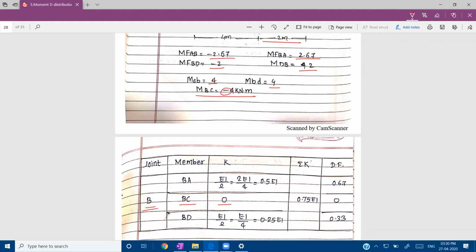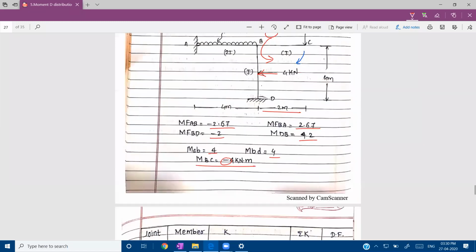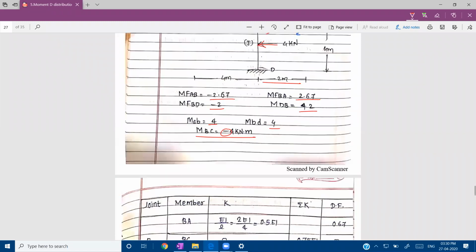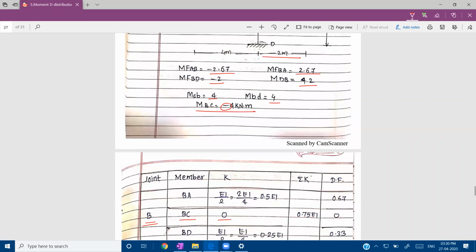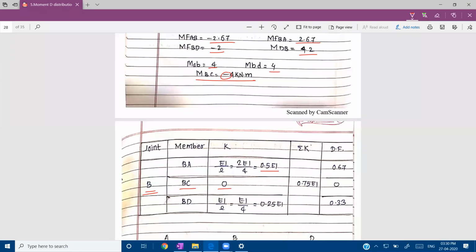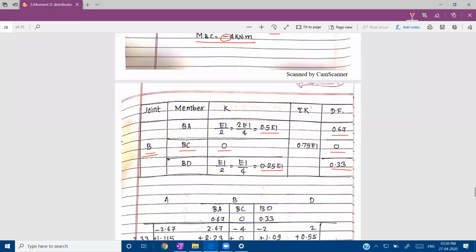Now for BA, A is a support of fixed type, so EI by L. EI is given as 2 EI and L is 4, so 0.5 EI. Now BD, D is again a fixed support, so EI by L, 2.25. The DFs are 0.67, 0.33, and DF for the overhang is 0. Why? Because K is 0, so 0 by 0.75 is going to be 0.